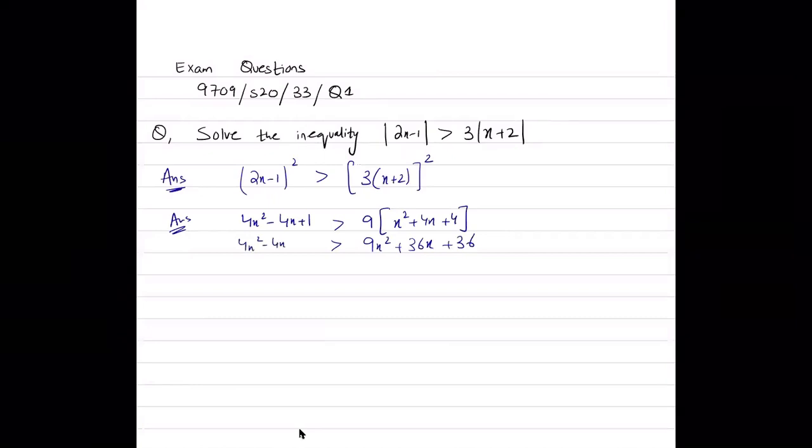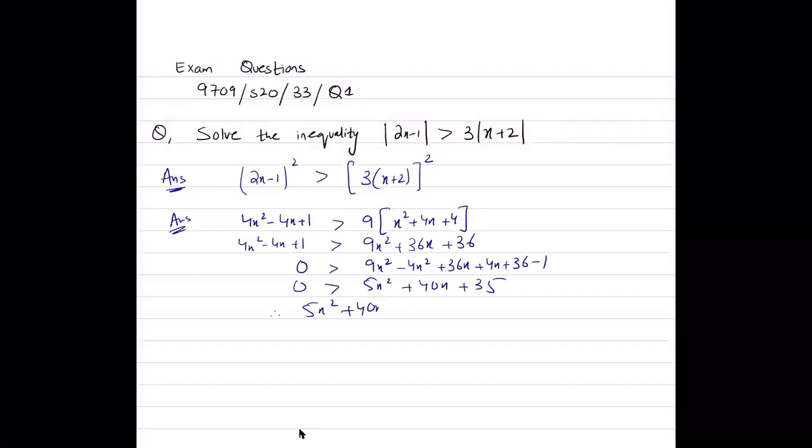Then 9x squared minus 4x squared plus 36x plus 4x plus 36 minus 1, and you have 0 on the left hand side. So this is going to be 5x squared plus 40x plus 35. So I can write this as 5x squared plus 40x plus 35 less than 0.